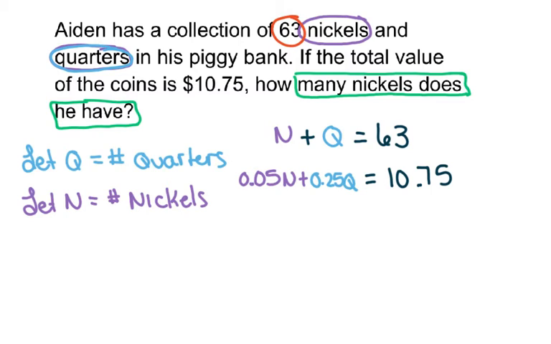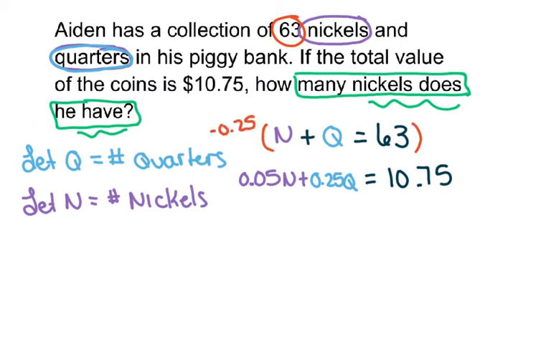So we multiply how much it's worth by the number that we have. So now we can go ahead and solve this. Again, I'm going to use elimination, but you could solve for one of the variables in the first equation and use substitution. So I want to know how many nickels he has. So to save myself a couple of steps later on, I'm actually going to eliminate the quarters, even though that's not the smaller number. So I'm going to multiply that first equation by a negative 0.25.